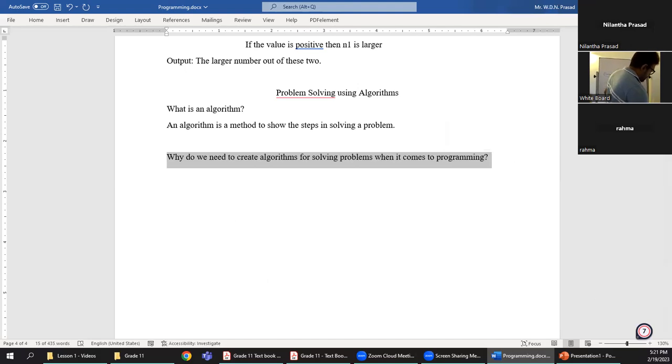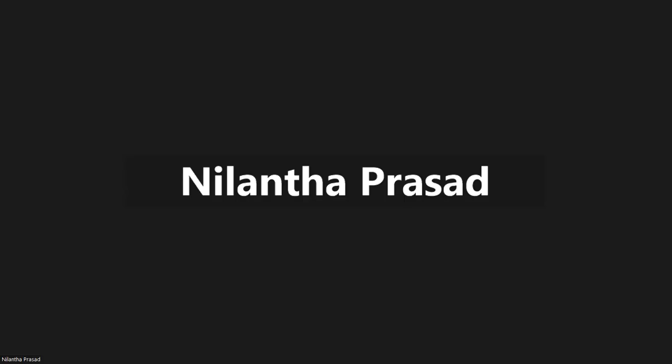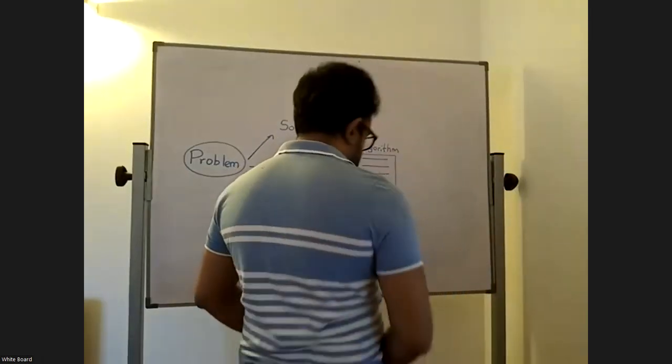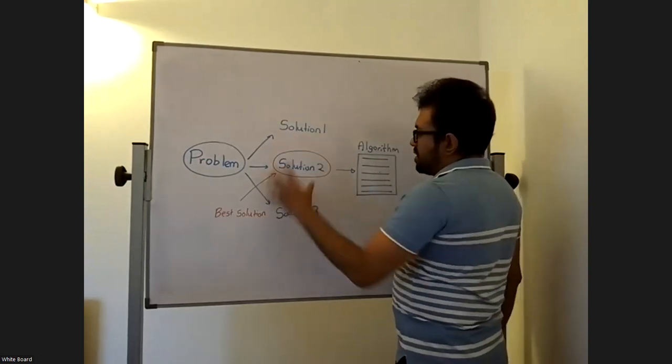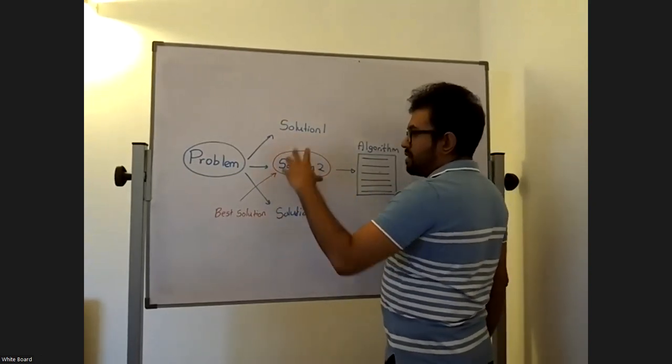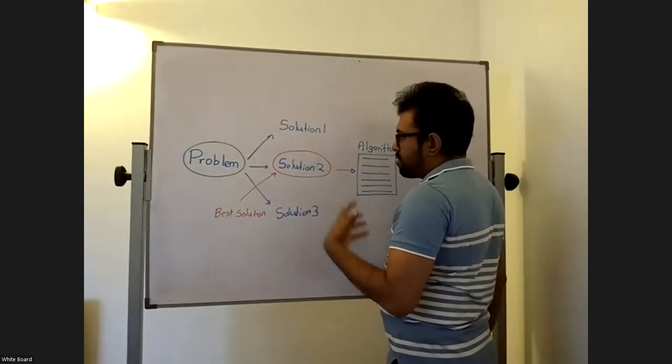So one moment until I focus on the whiteboard. එතකොට මේ තියෙන්නේ problem එක, solution 1, solution 2, solution 3. So we select solution 2 as our implementation solution of the problem.